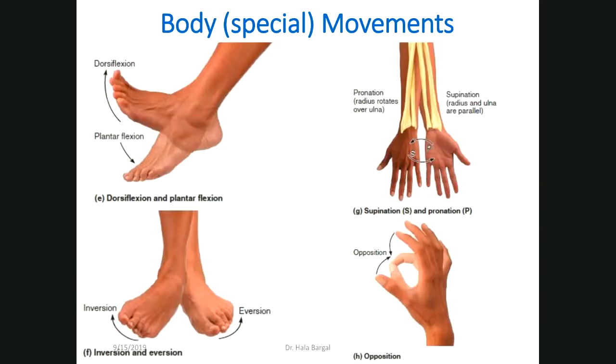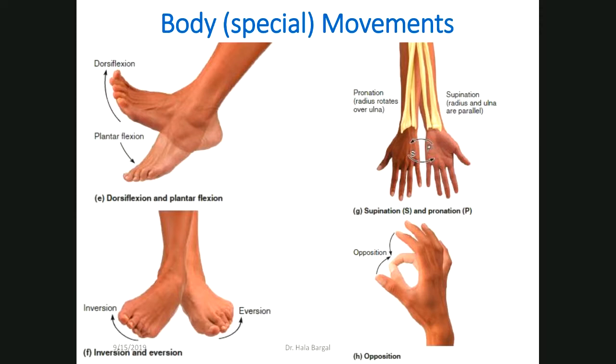There are special movements. These special movements are applied only in the hands and the foot, right? There are two movements we call pronation and supination. In the foot, we have dorsiflexion and plantar flexion, and also inversion and eversion.